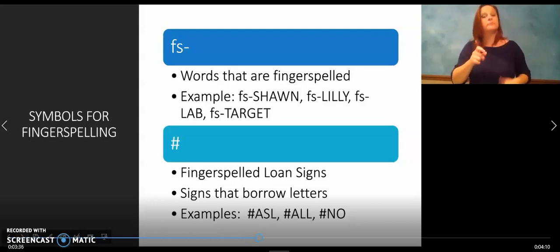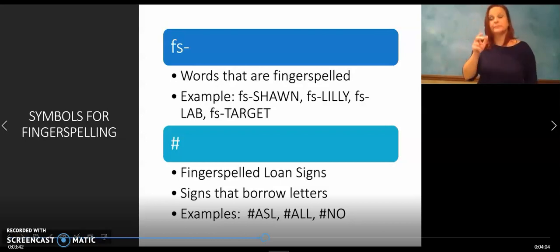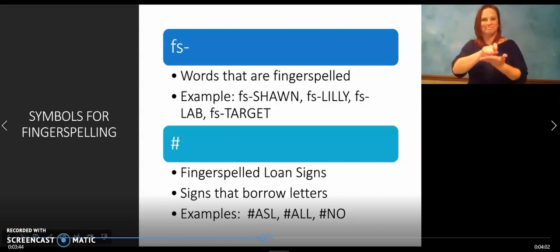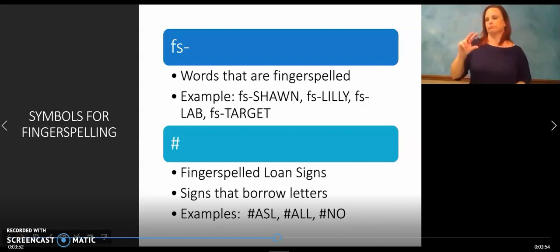This one, if you see it, you write the hashtag symbol ASL in capital letters. If you see this, you write hashtag ALL in capital letters. If you see this, you would write hashtag NO in capital letters.